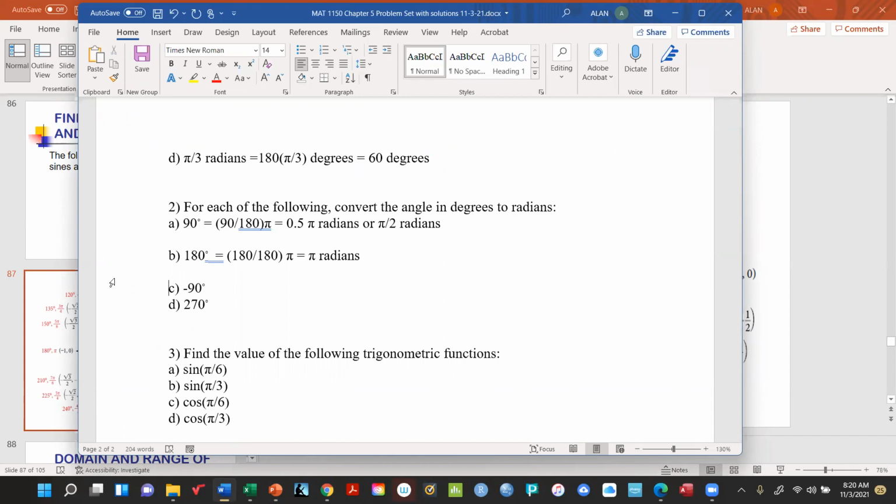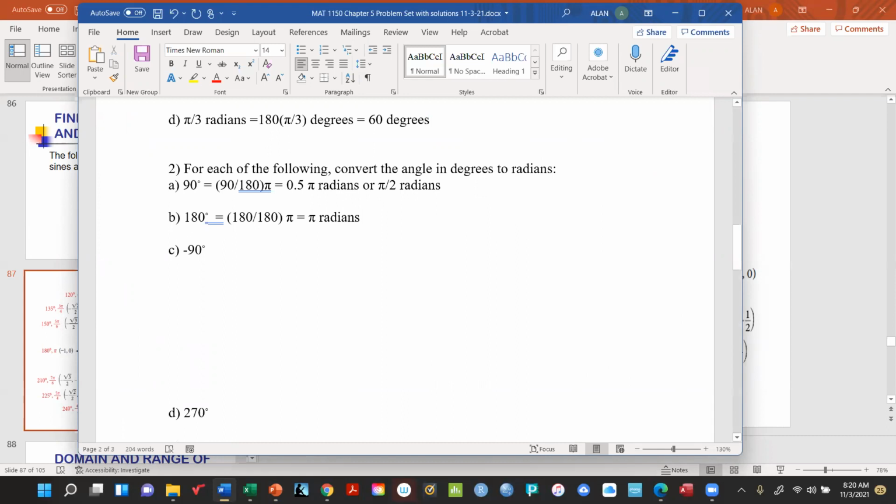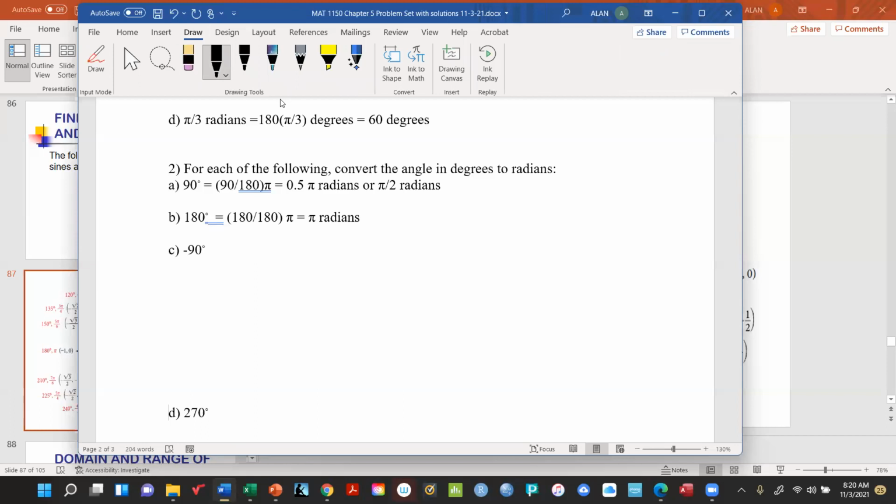Now with this one, we could leave it as negative, but I really think it's a bad idea. Let's remind ourselves what negative 90 actually means. So remember, with negative degrees, you're going clockwise.